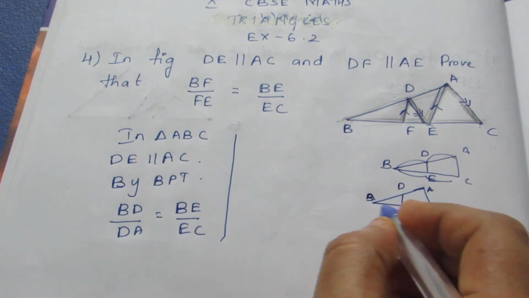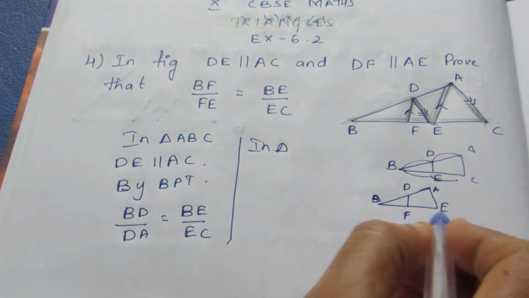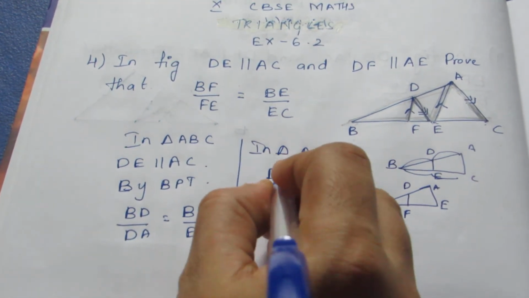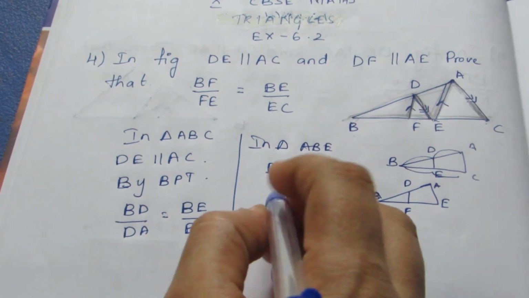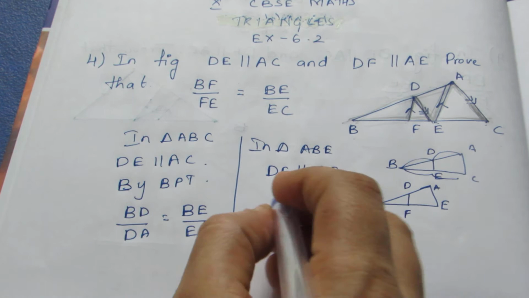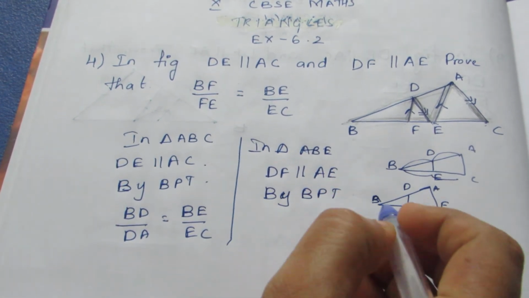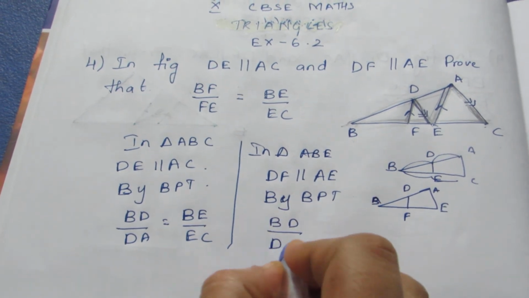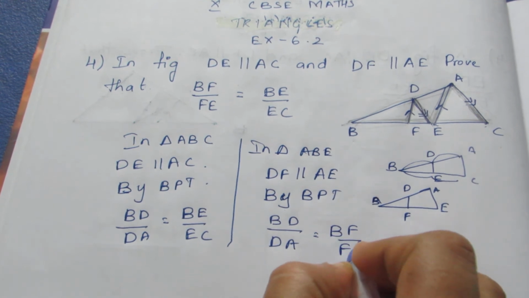So BAE triangle. So in triangle ABE, we know that DF is parallel to AE. So according to BPT, we know BD by DA is equal to BF by FE.